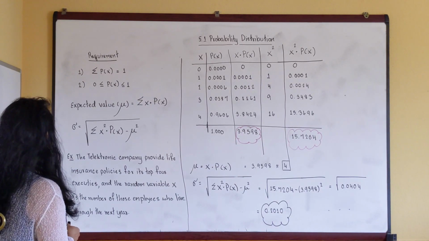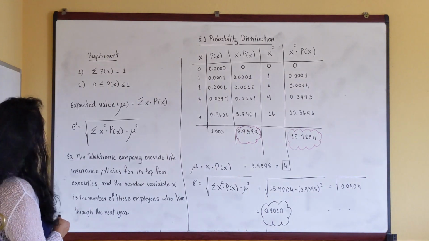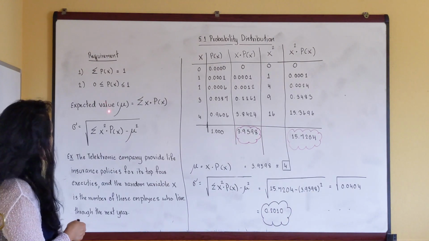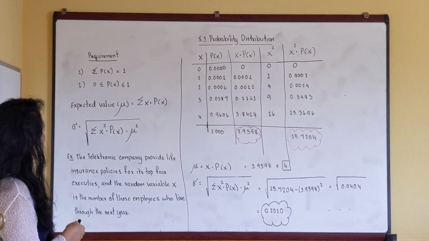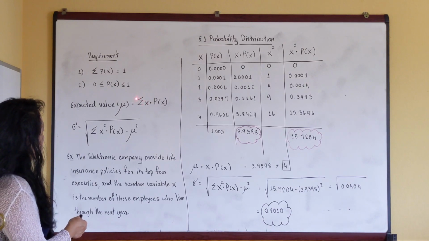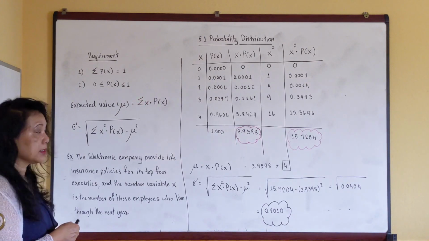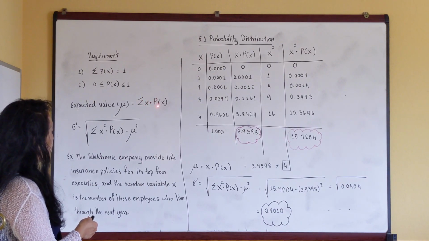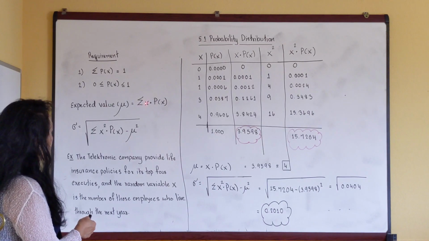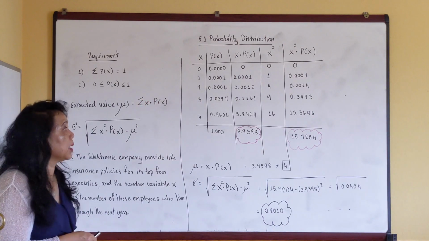The two formulas that I would like to talk about start with the expected value. They use the same notation, mu, but it's the expected value. The formula is sigma, which means add, of X, your event, times its probability. So basically you multiply each event by its probability.